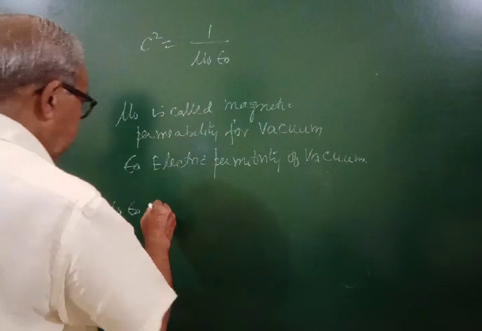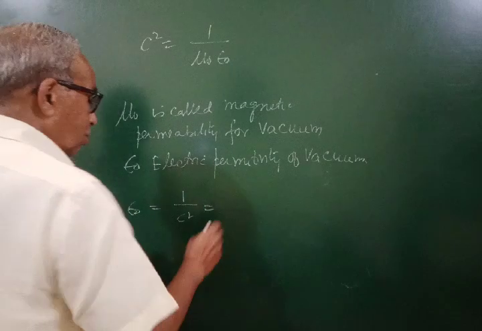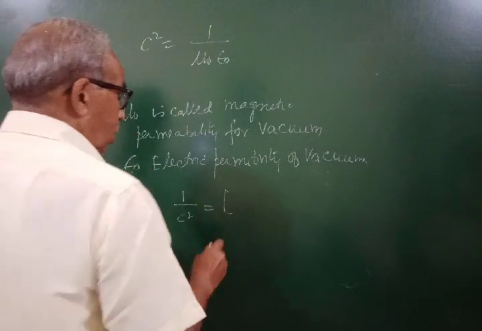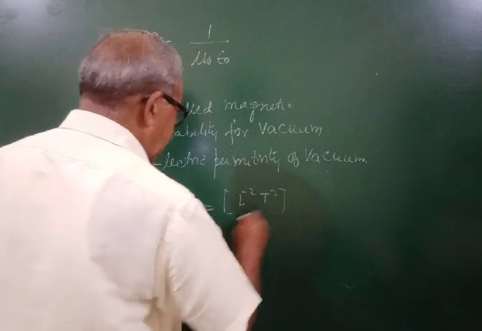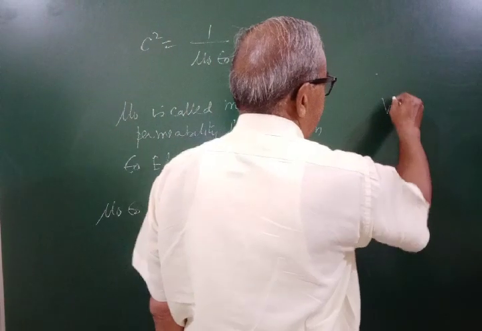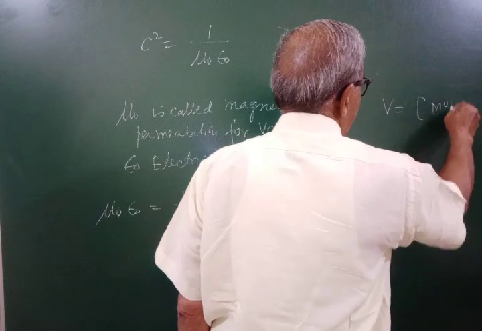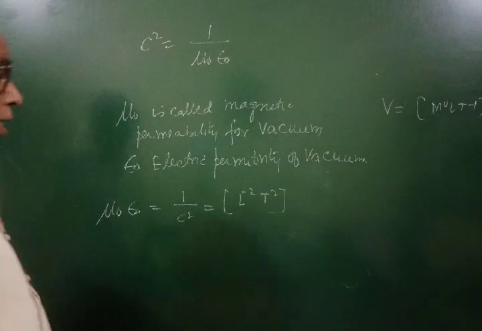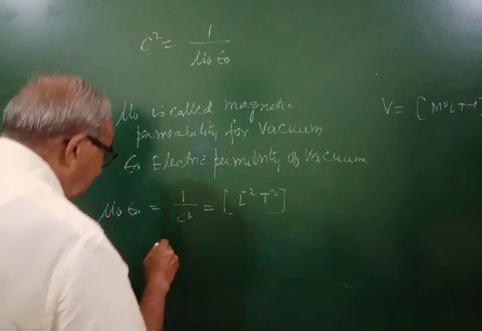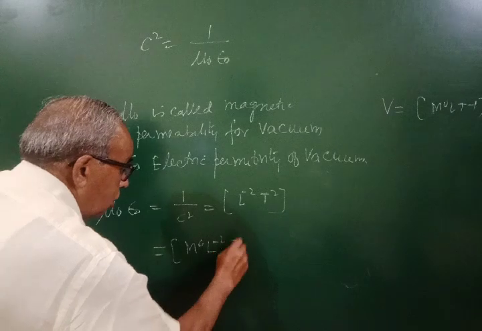So it is 1 upon c square, which means the dimension of velocity is LT^-1, and 1 upon c square gives the dimensional formula M^0 L^-2 T^2.